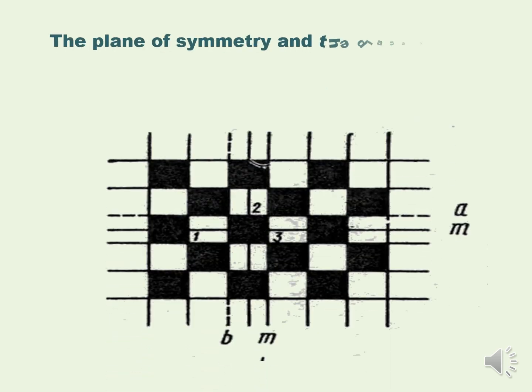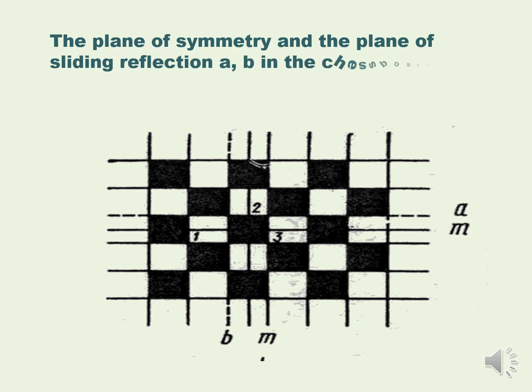Look at this slide, please. In order to combine white square 1 with square 2, similar to it, you have to move square 1 to the place of the black square above it, and only then reflect this plane in the plane B perpendicular to the plane of the drawing.